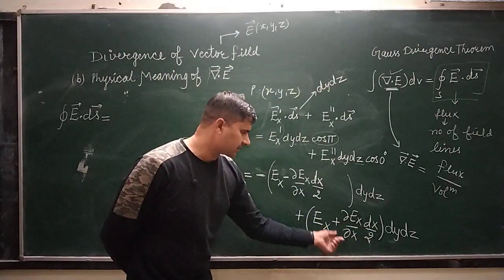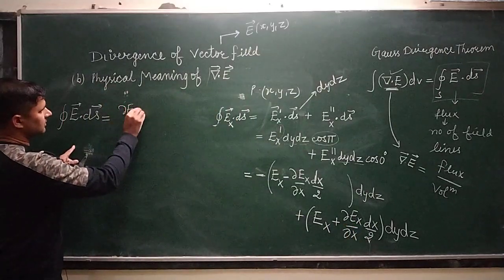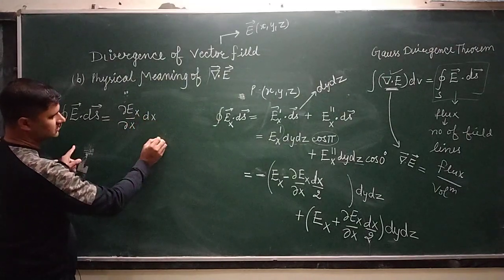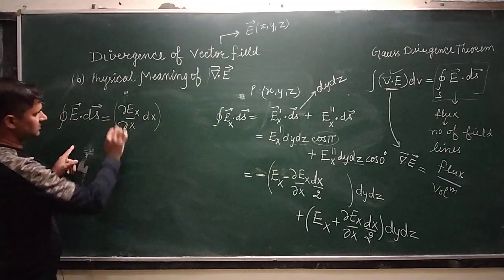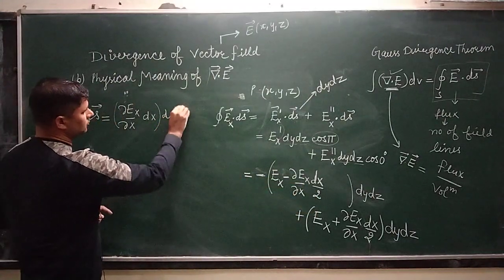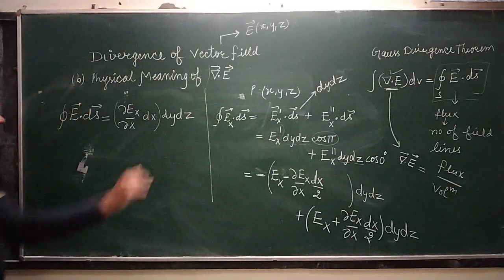So finally you will get curly Ex by curly x into dx. So this will be the sum of these two factors into dy into dz. So this is what you get after all calculation.